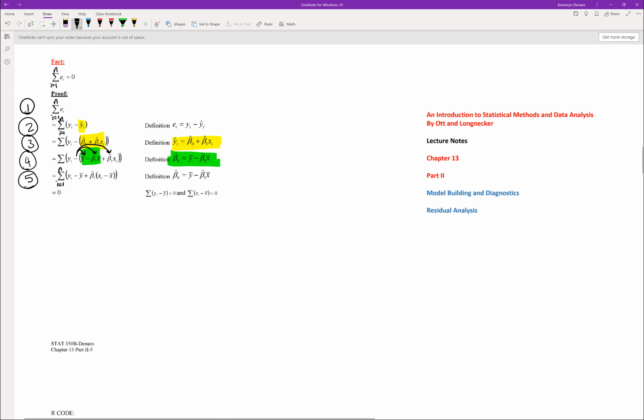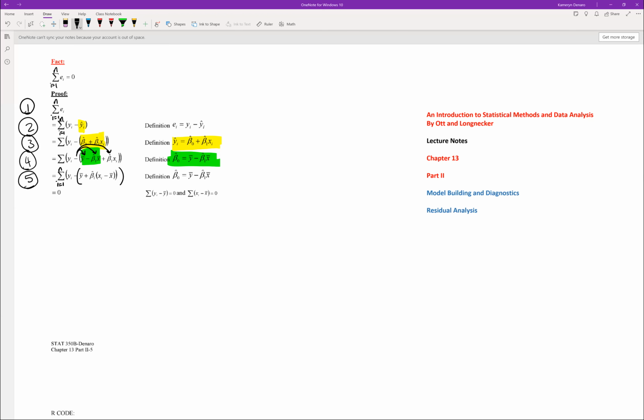So just double checking, we get y_i minus y bar minus beta 1 hat x bar, looking good, plus beta 1 hat x_i. Still working on line 5, we're just double checking ourselves: y_i minus y bar plus beta 1 hat times x_i minus x bar.